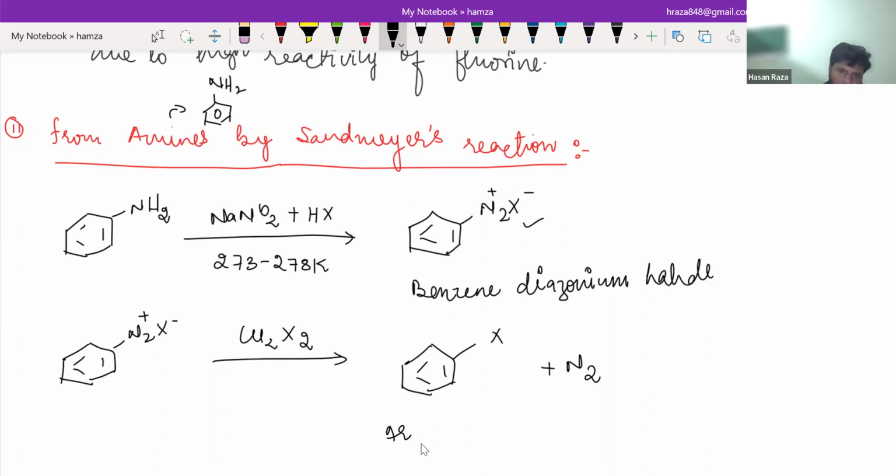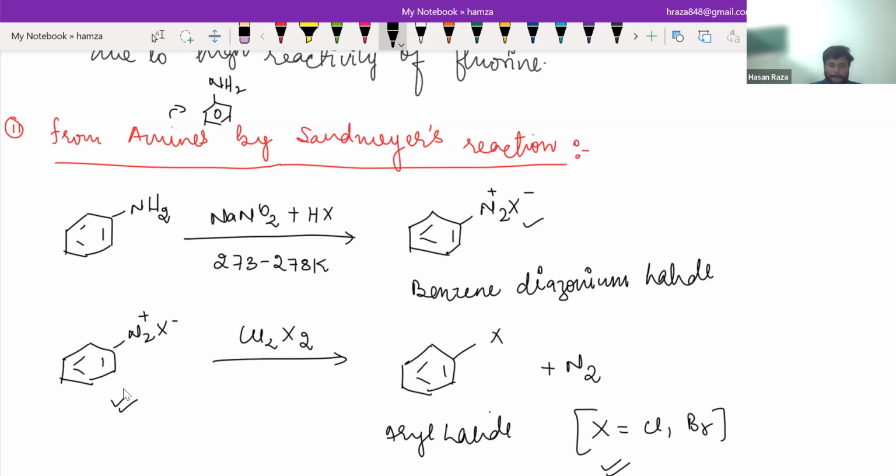X is chlorine and bromine. For iodine, we just need to prepare this benzene diazonium halide and shake with KI, potassium iodide, and we will get iodobenzene directly.